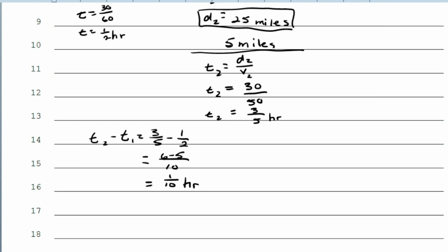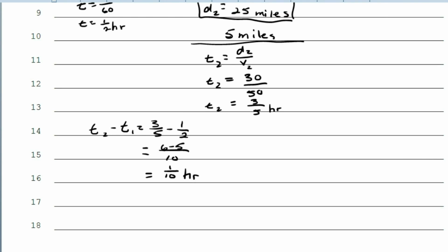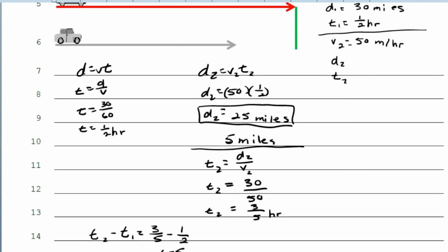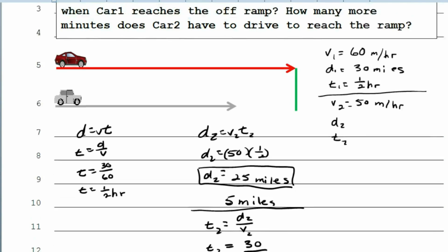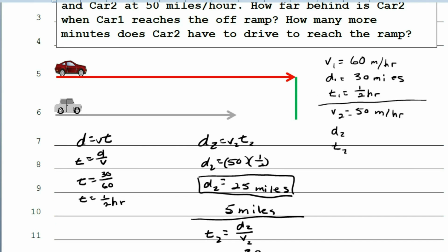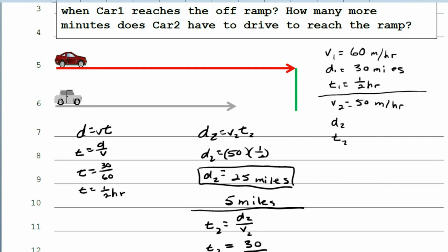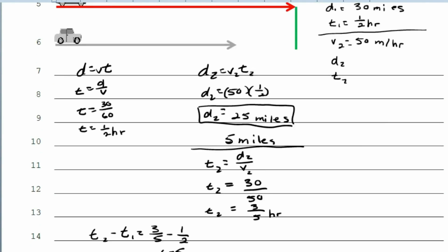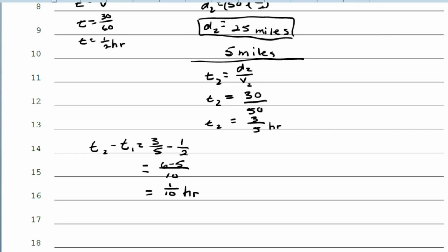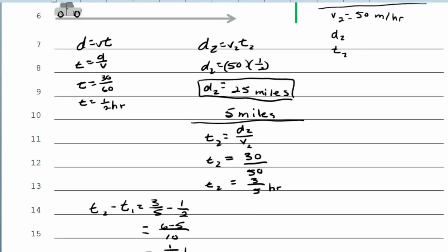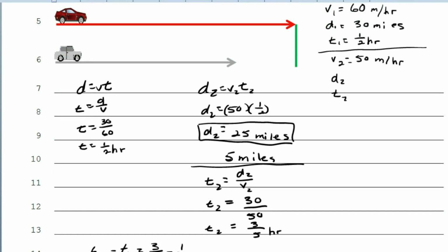So it takes 1/10 of an hour longer for car 2 to get to the off-ramp, and the problem asks for how many minutes it takes car 2 to get there after car 1 is finished. So 1/10 of an hour is 6 minutes. Car 2 has to drive 6 more minutes to get to the off-ramp.